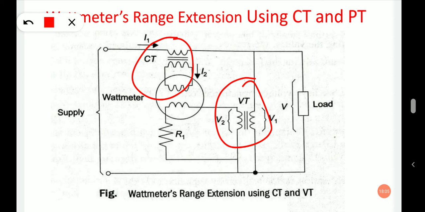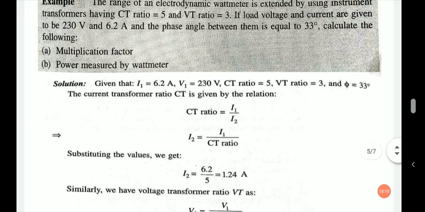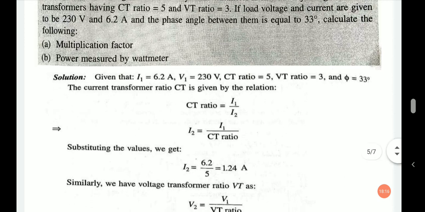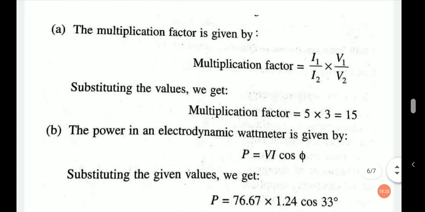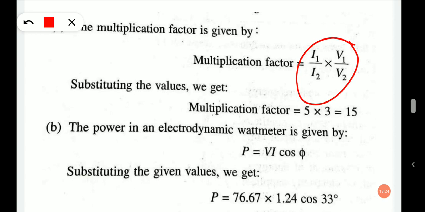Okay, this is range extension using CT and PT. After that we have seen numerical, one simple numerical in which we have calculated multiplication factor as well as power measured by wattmeter. If we know the formulas, then we can simply calculate these required parameters. So this is numerical based on the range extension.